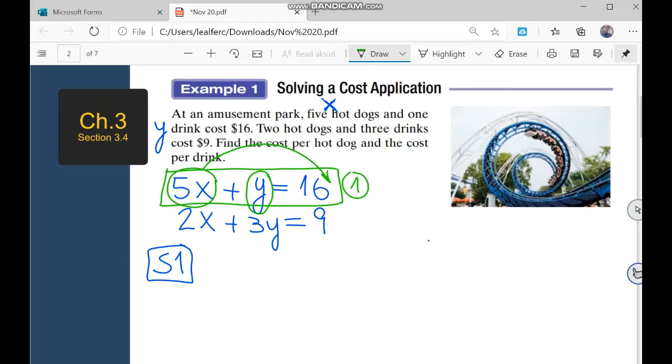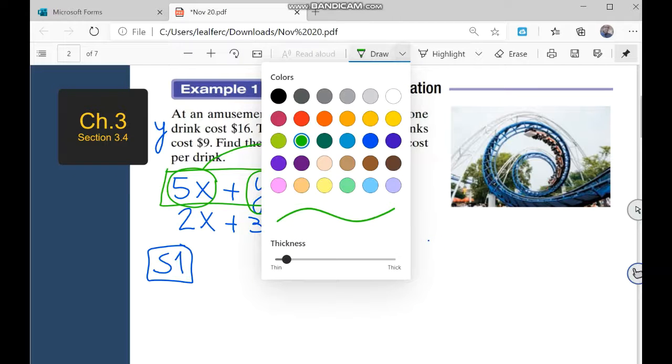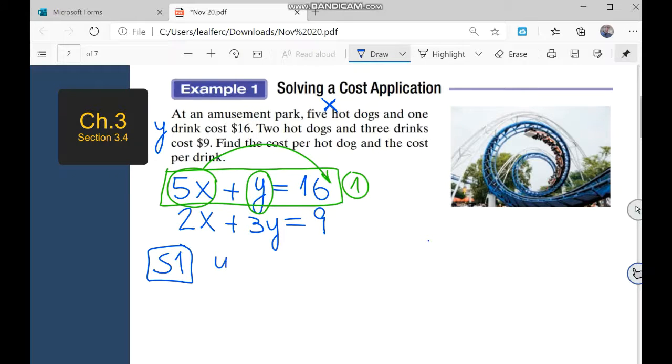This is the same thing as subtracting 5x from both sides of this equation. That is the reason the sign changes when you move to the other side. So y equals 16 minus 5x. This is step number 1.